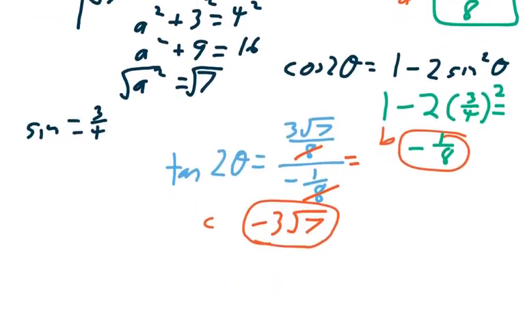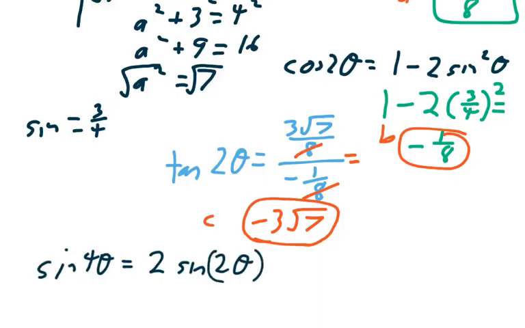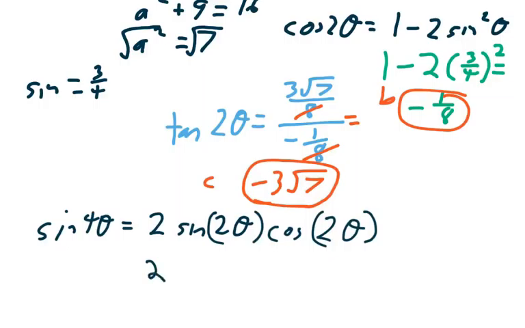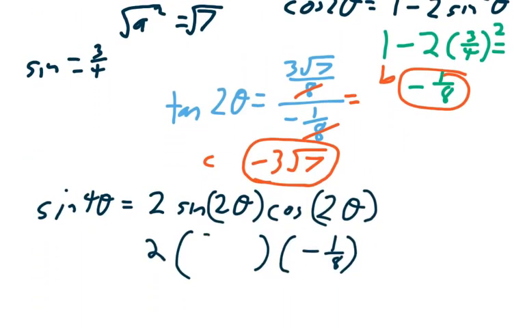When I get to letter D, where it says the sine of 4 theta, that's going to equal 2 sine of 2 theta, because 4 theta divided by 2 is 2 theta, times the cosine of 2 theta. So this is 2 times, the other one's off my screen, so I'm going to write down -1/8 here, 3 square root of 7 over 8.